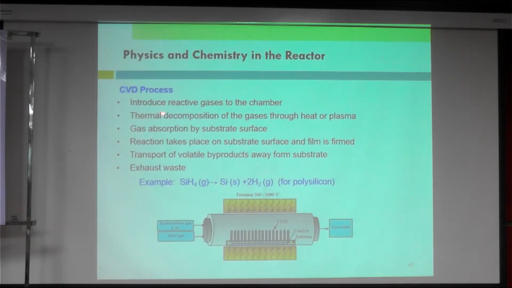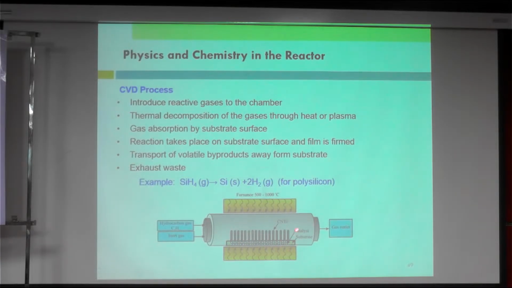So the CVD process introduces reactive gases to the chamber. So you have reactive gases, hydrocarbon gas, and inert gas coming in. Then thermal decomposition of the gases through heat or plasma happens inside. Then gas absorption by the substrate surface. You have your substrate here.